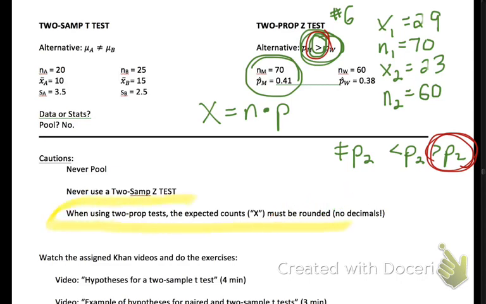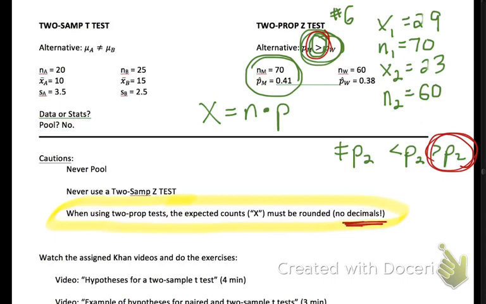When using 2-prop z-tests, the counts x must be rounded. I guess I shouldn't call them expected counts. I should call them observed counts x, so I'm going to change that on your class notes so it says observed. But frankly, no decimals when you're typing in the calculator.